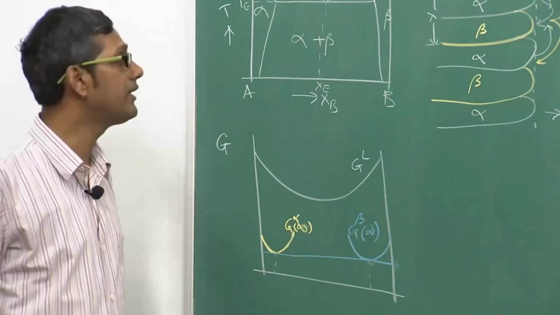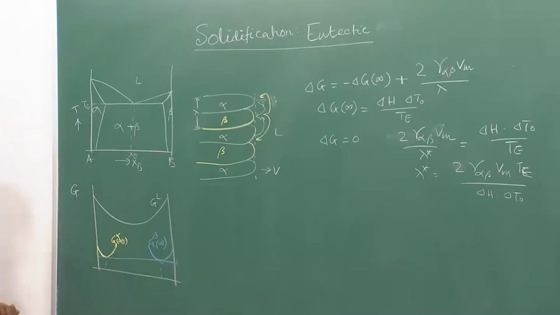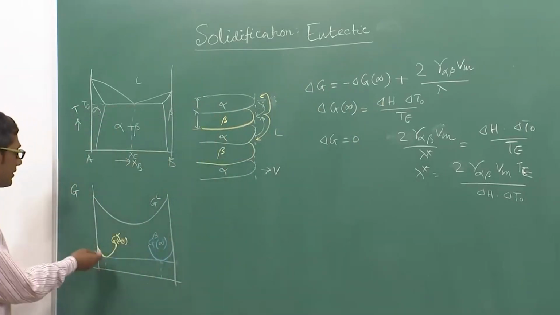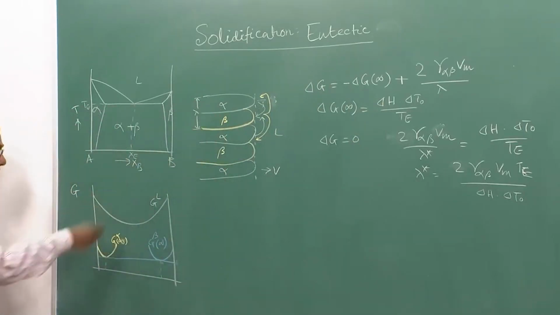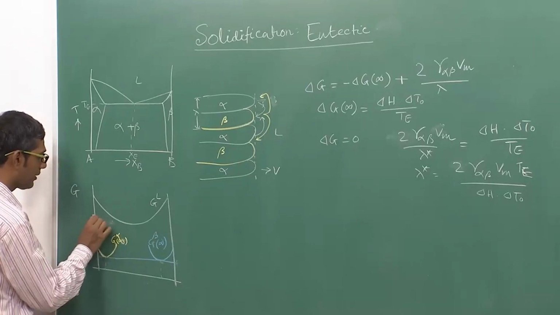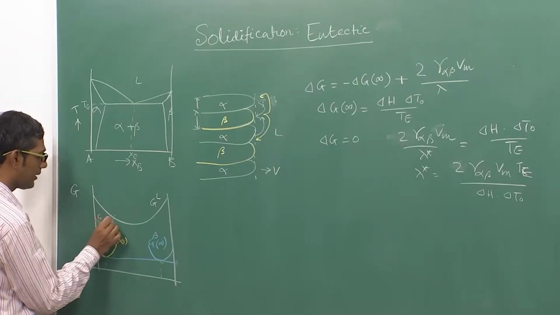But as we know, in the real system, lambda has a finite value, it cannot be infinity. So because the lambda will increase the free energy by this amount, that corresponds to the shifting of these free energy curves up. Let us do that using a color chalk. So this is dotted, as you see here.